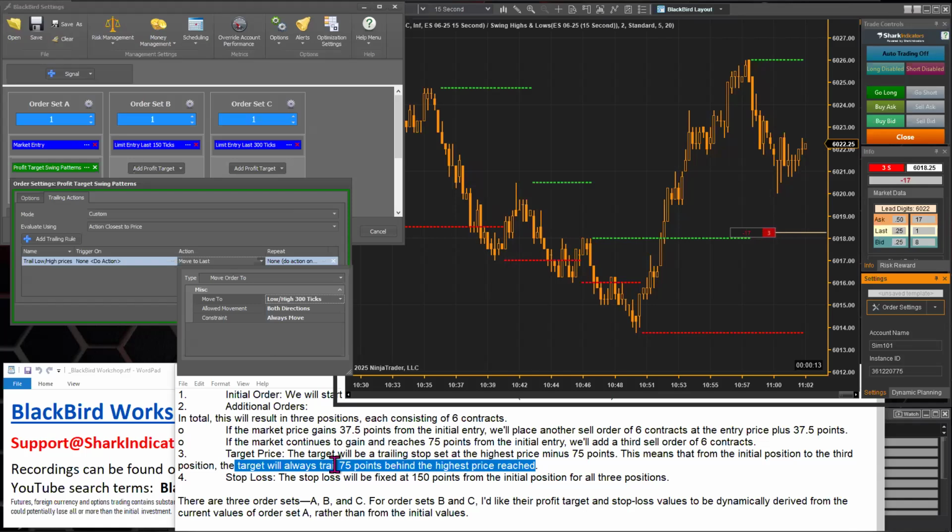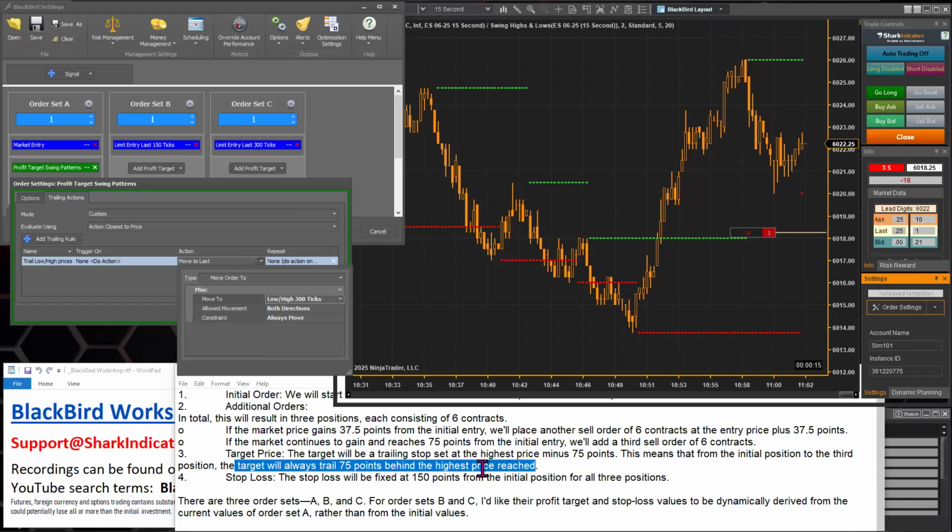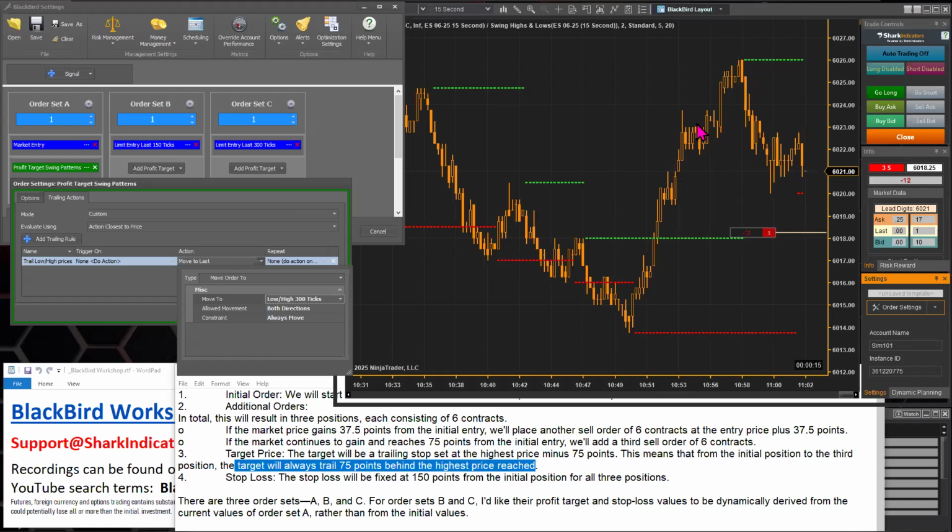We only want the profit target to move as price goes higher, because we're using the highest price reached there. For a sell order, we're going to move that profit target higher and higher and higher. And if it's a long trade, we're going to move that profit target lower and lower and lower here.